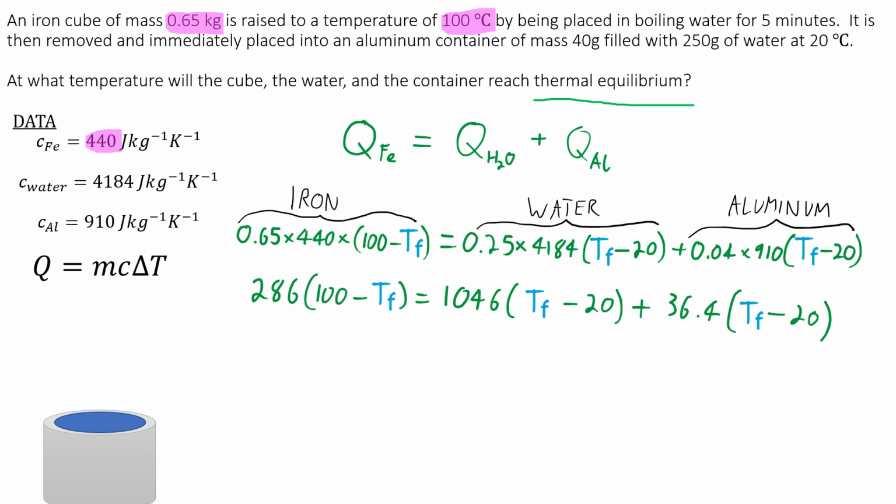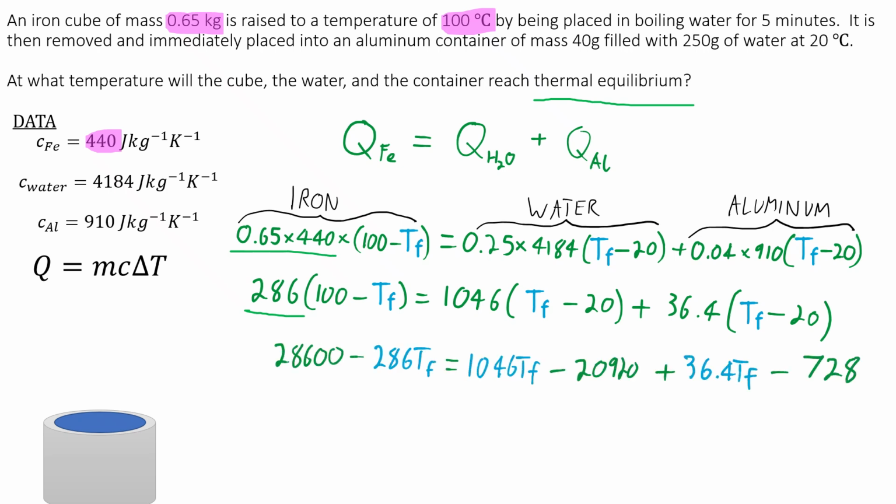So what we've seen here is essentially me just multiplying out the beginning of the equation in each case, and then if we multiply that out again, I've deliberately kept the TFs in blue. I multiplied out the brackets, so that's why I have 286 TF here. It's 286 multiplied by TF, or 1046 multiplied by TF.